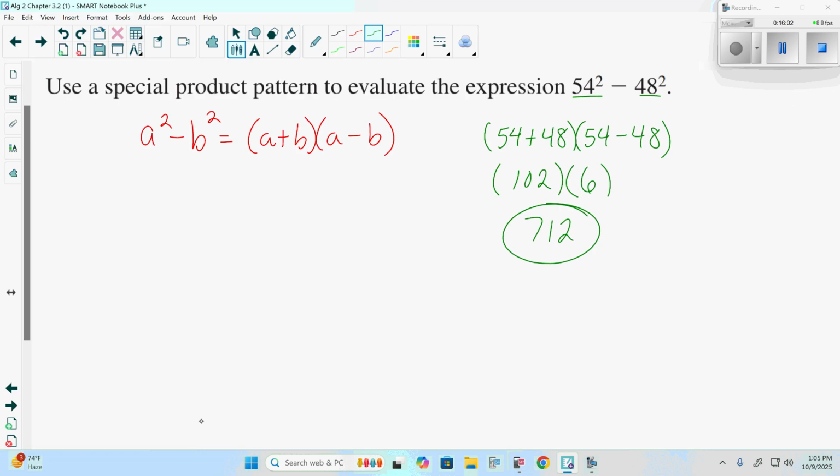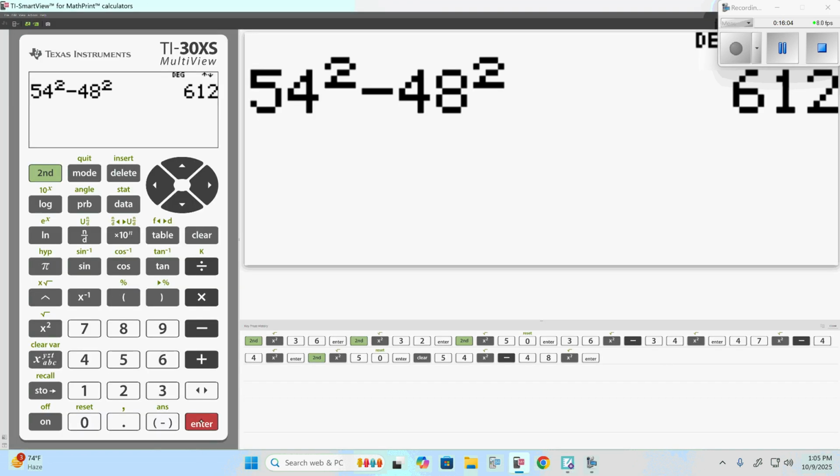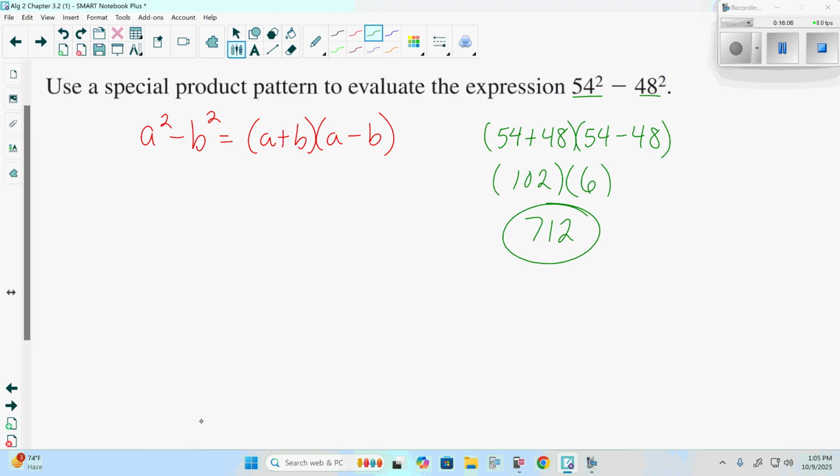Make sure I wrote that right. 54 minus 48. I carried a 1. That should be a 6. I carried the 1 from the tens place to the hundreds place. But, questions on this here.